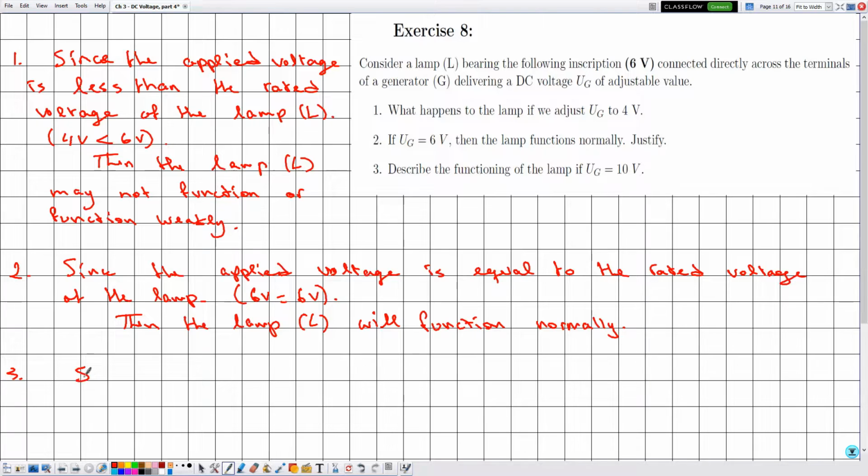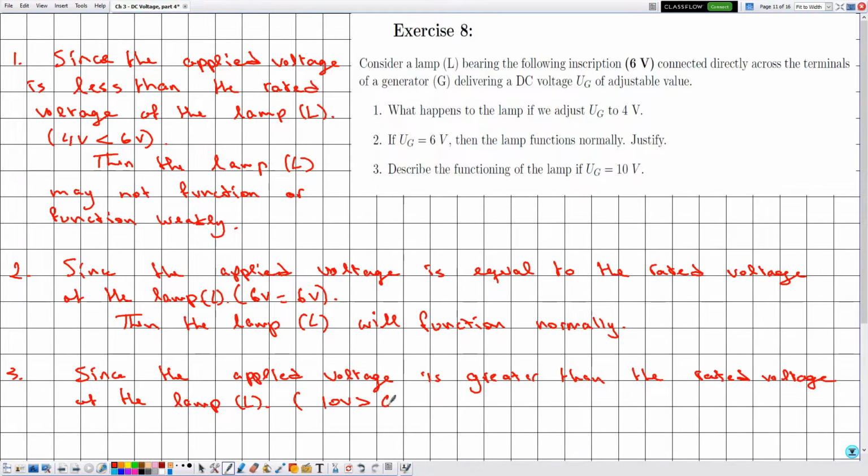So let's say since the applied voltage is greater than the rated voltage of the lamp L. So between the brackets, let me say that 10 volts, which represents the applied voltage, is greater than the rated voltage, which is 6 volts.